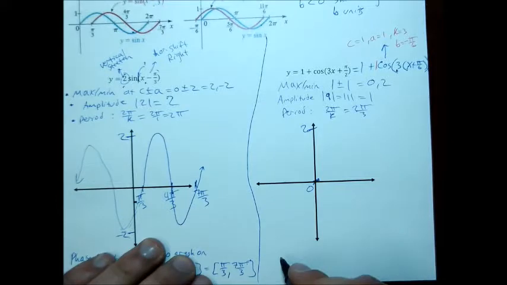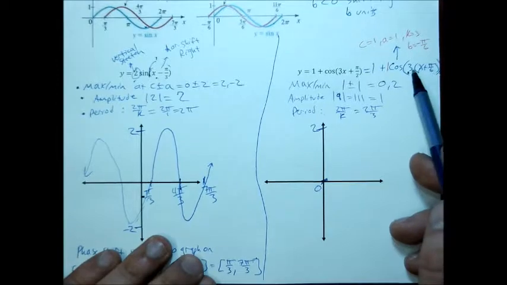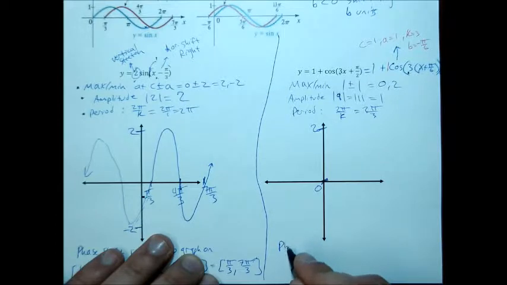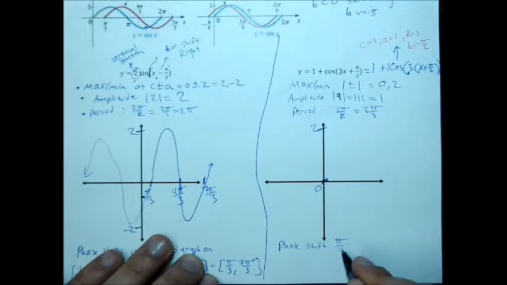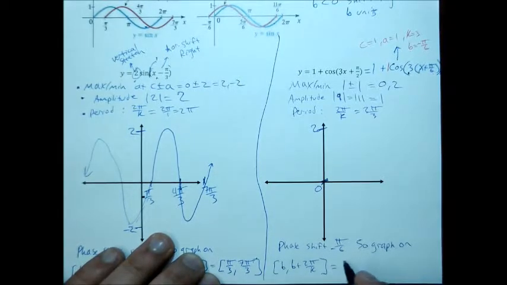So what are we going to graph on? We see that we've got a pi over 6 phase shift, so the graph is shifted and also scrunched in because it's being multiplied. And so we've got a phase shift of minus pi over 6, and we want to graph from b to b plus 2 pi over k. That's going to be negative pi over 6 to negative pi over 6 plus 2 pi over 3.